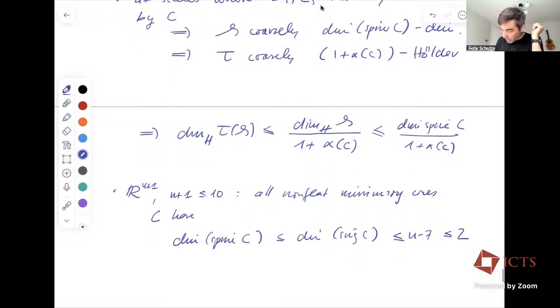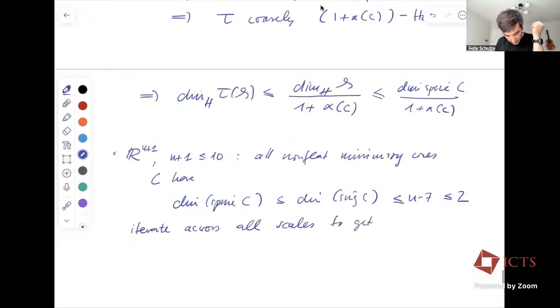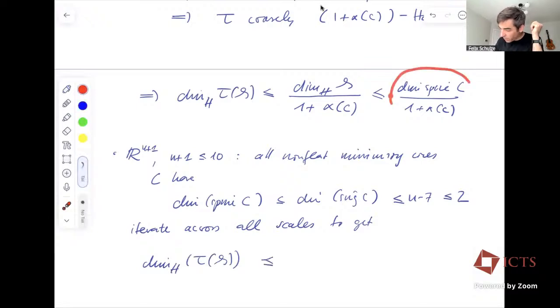Okay, now we iterate this across all scales to get what? Okay, now you get this here. Now you see that the Hausdorff dimension of this image, okay, let's go back to this here. So we use this formula here. Now what do you get for the dimension of the spine of C is 2 at most.